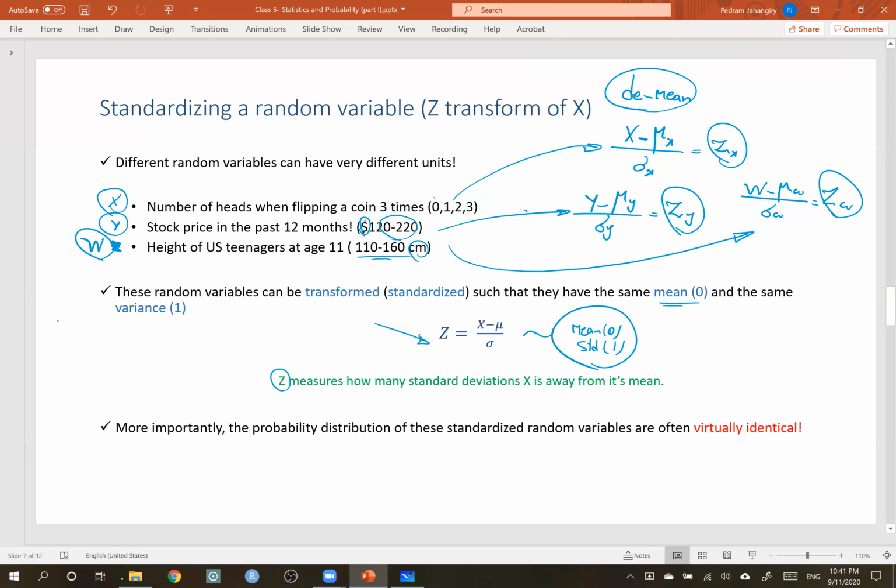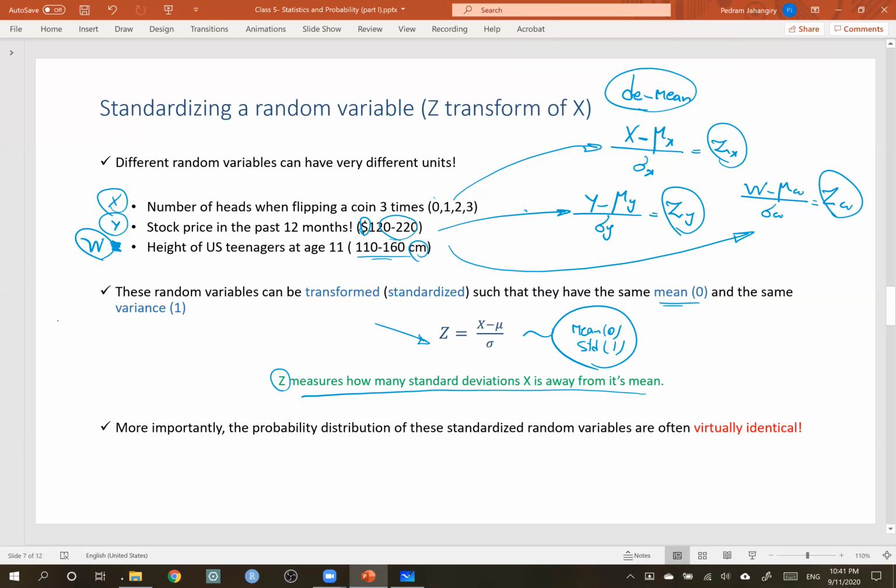You can interpret Z. You can say Z measures how many standard deviations your random variable is from its mean. So for instance, Z of X means how many standard deviations your X is from its mean. Z of W means how many standard deviations your W is from its mean, right?